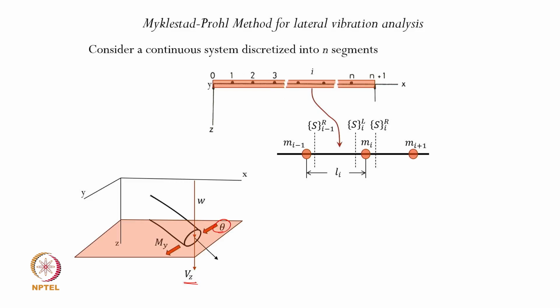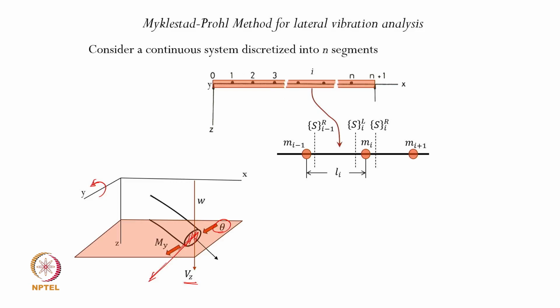So you have Vz as the shear force acting on this face of the segment, and then there is a bending moment acting about the y-axis. So that is the direction in which the bending moment acts at that particular location. These therefore define all the state variables at that location.